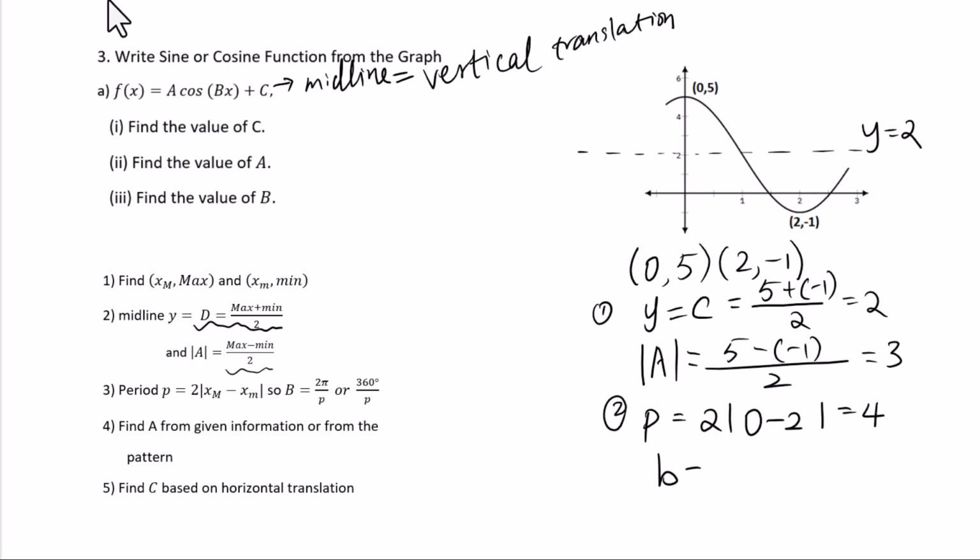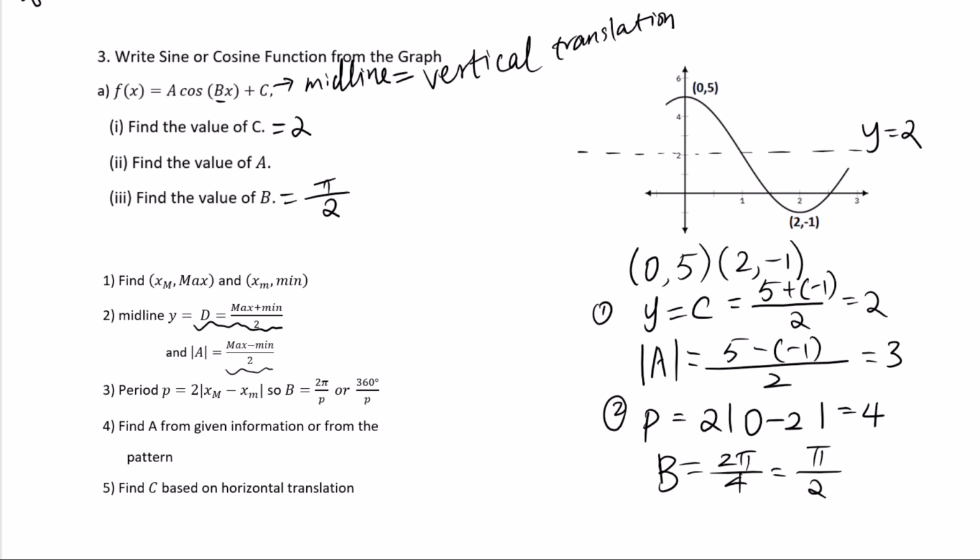So we get b equals 2 pi over 4 equals pi over 2. b equals pi over 2. c is 2. We got the amplitude equals 3.